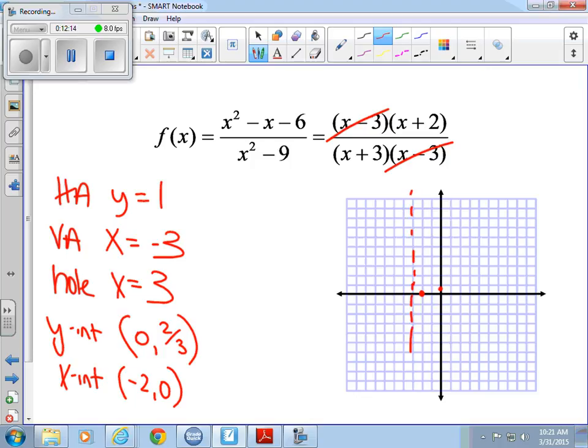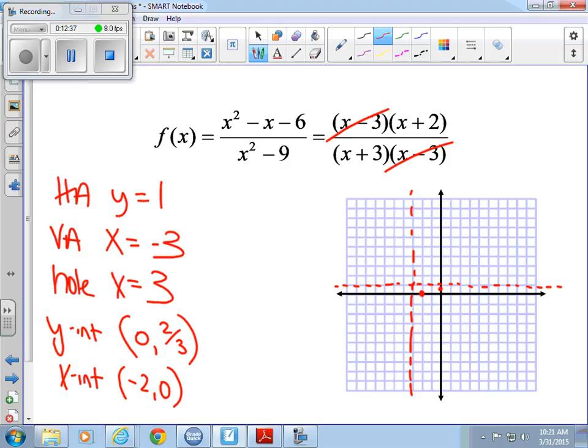If you accidentally get your vertical asymptote and your x and y intercepts incorrect when you do this by hand, will you notice that in the calculator? Probably, we hope so. So you can fix some of your mistakes by being able to use the calculator. Everyone okay with where I got my asymptotes?